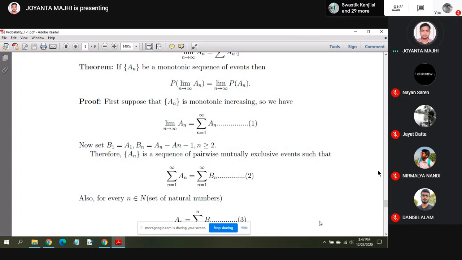Here it is given that An is a monotonically increasing sequence. Can we explain?